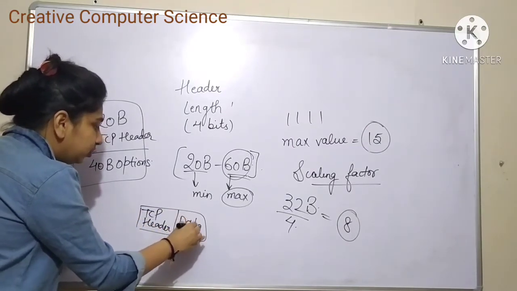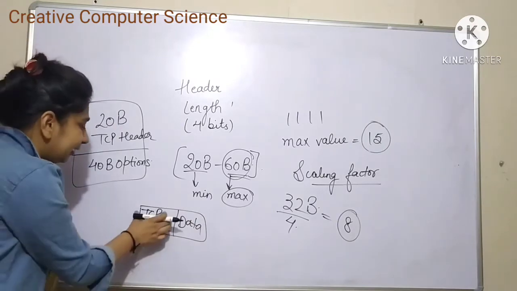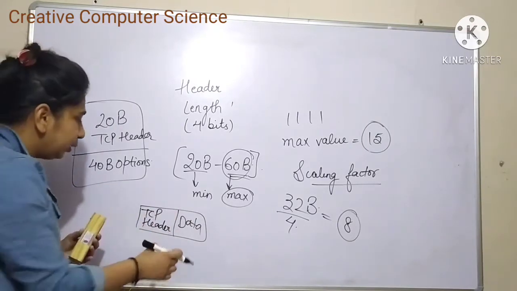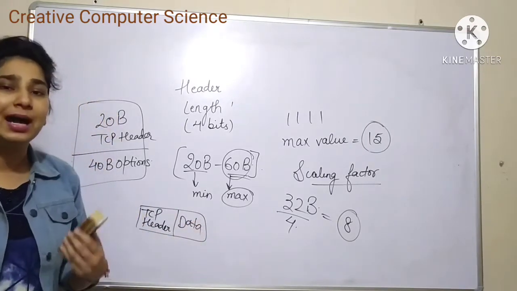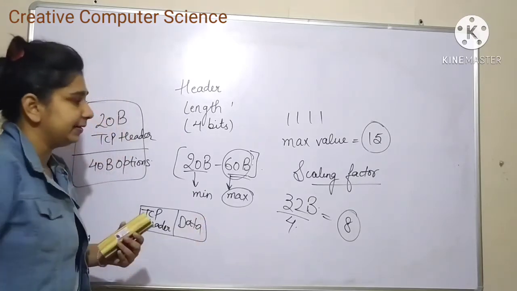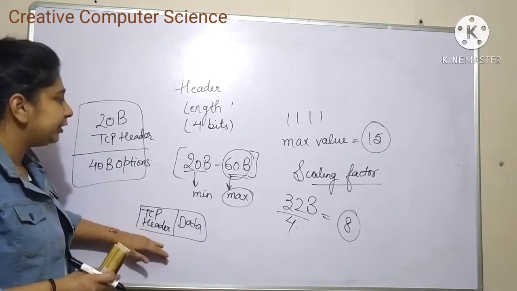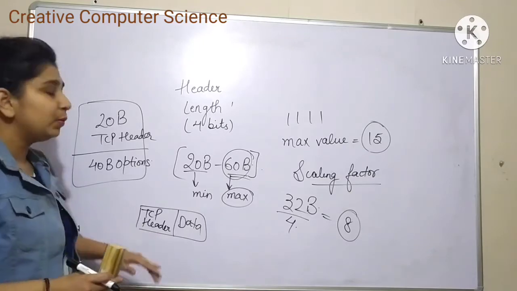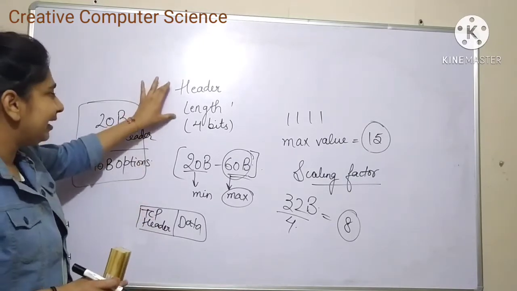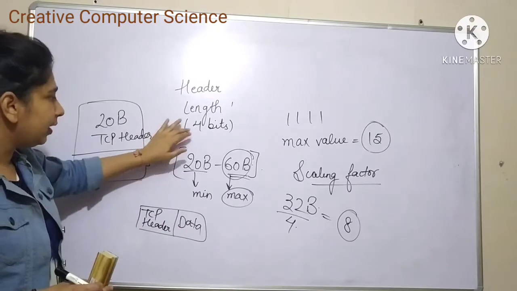If you know the length of the header, then you can determine where your data is going to start. So that's why we need to have a header length field of 4 bits.